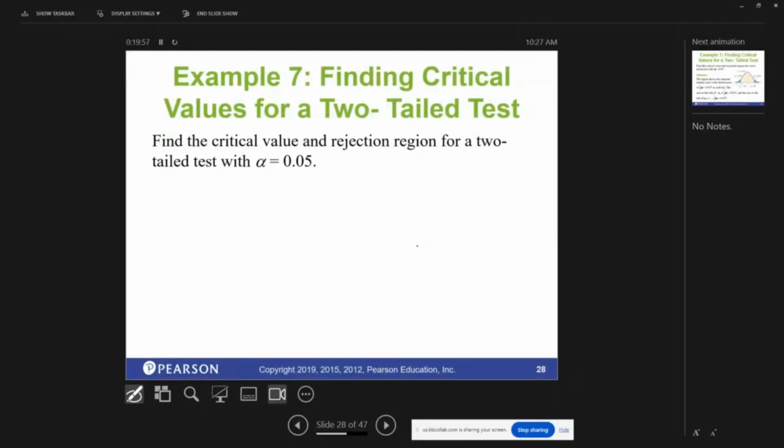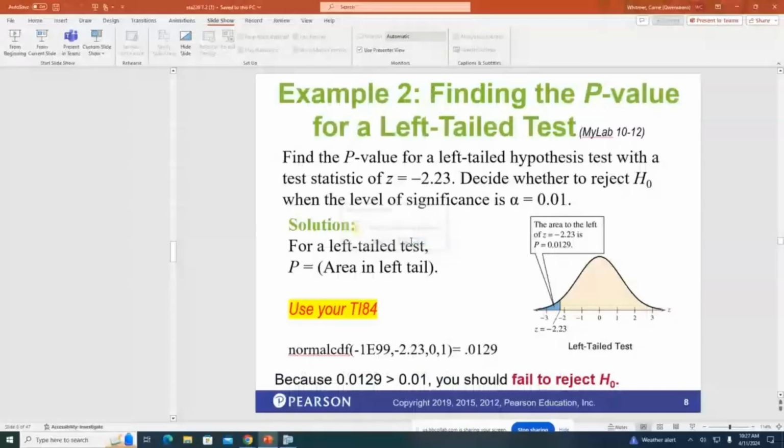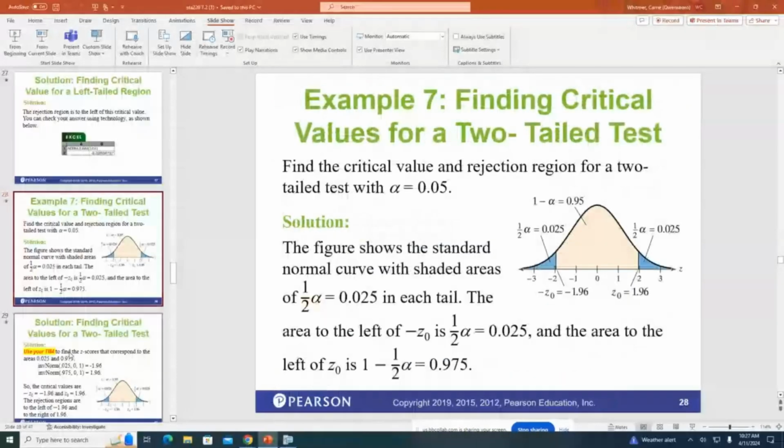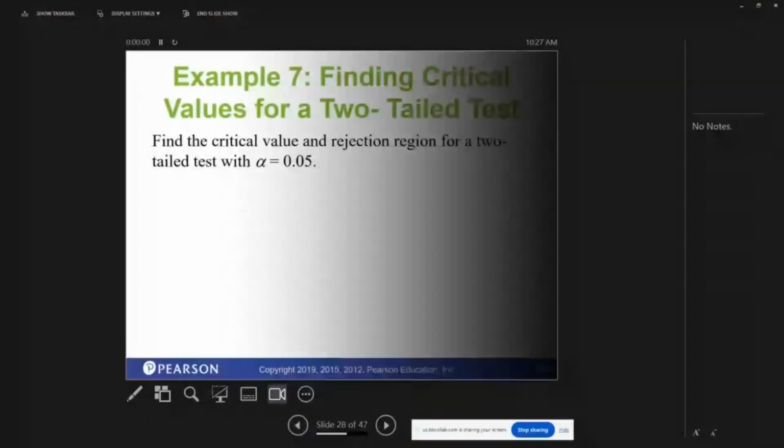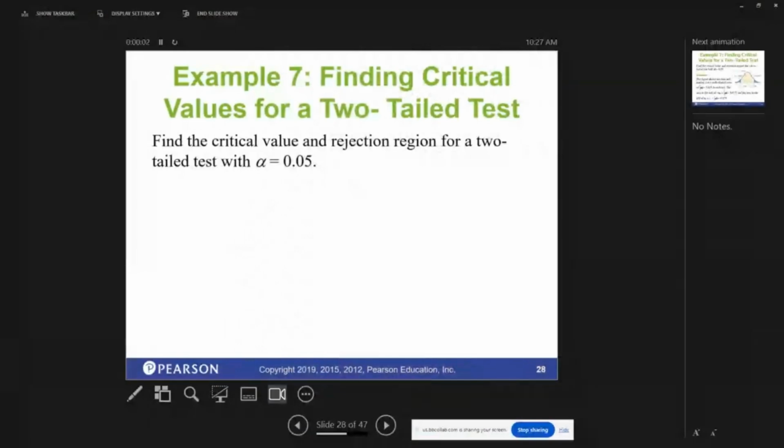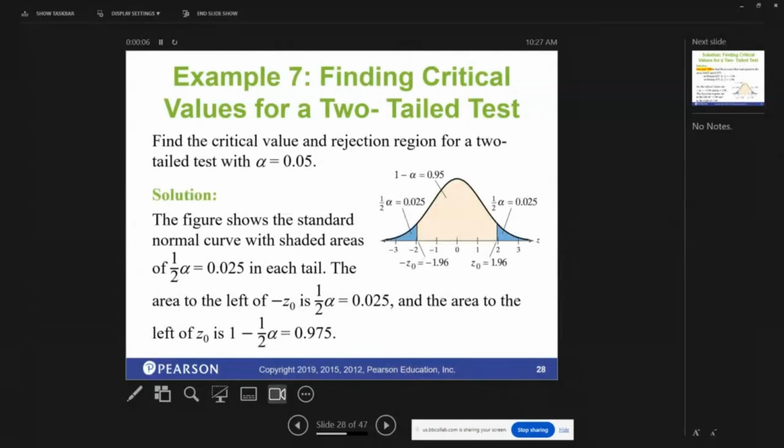Okay, let's look at how to find it for a two-tailed test. When we want to find the critical value and rejection region for a two-tailed test with alpha equal to 0.05, we're saying that the blue areas are our rejection region and they have a total of 0.05.